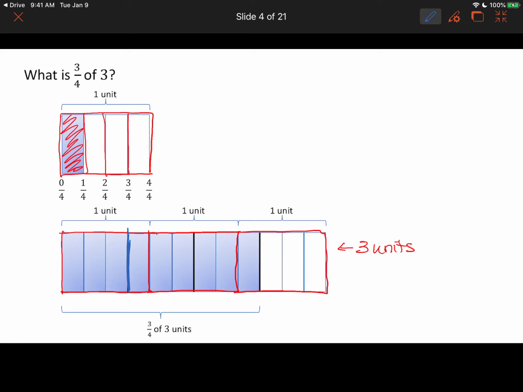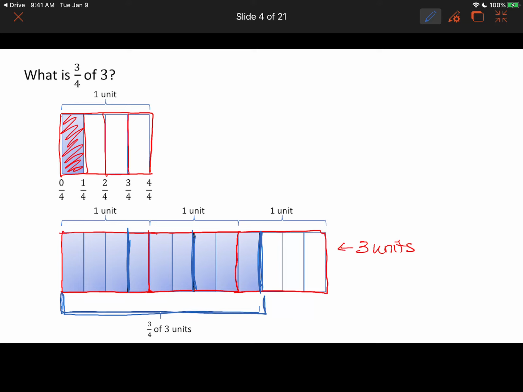So 1, 2, 3. Breaks it into 4 equal-sized pieces. Each piece has 4 of those rectangles. And so this shaded region here gives me 3/4 of 3 units.